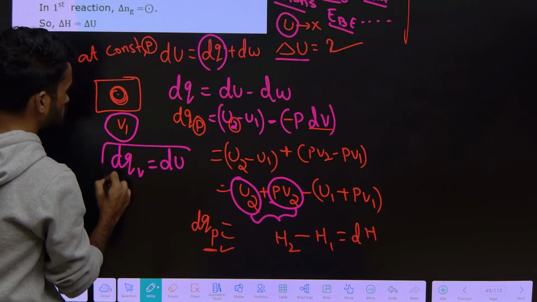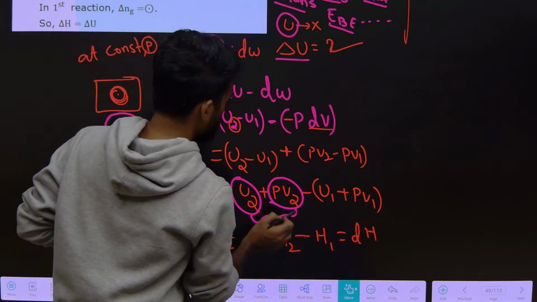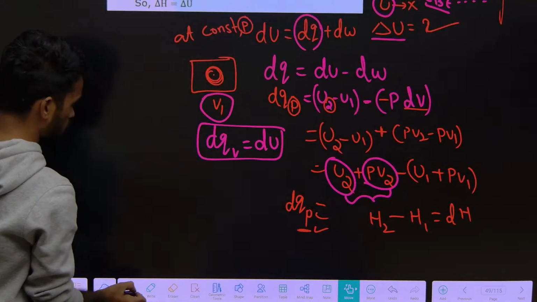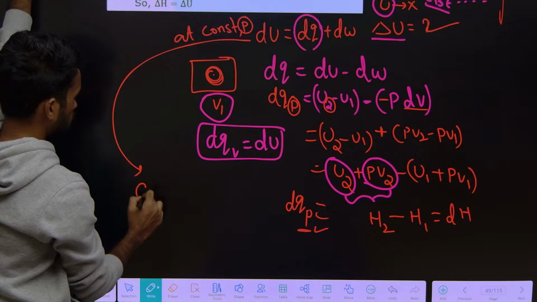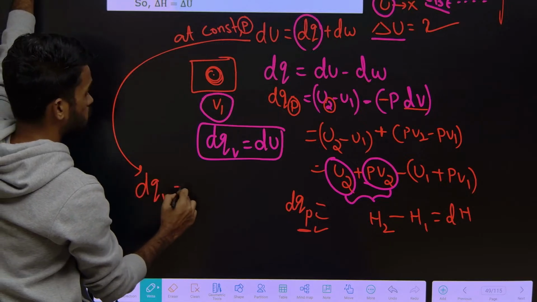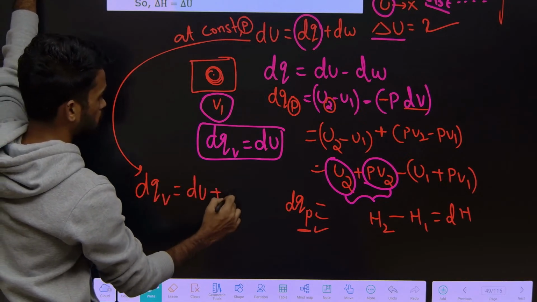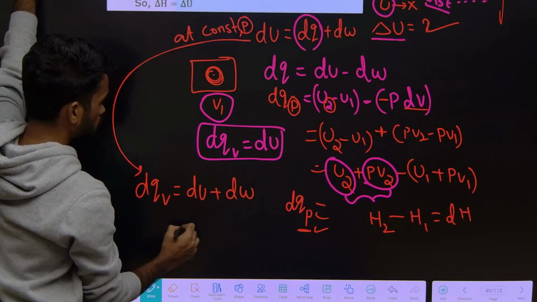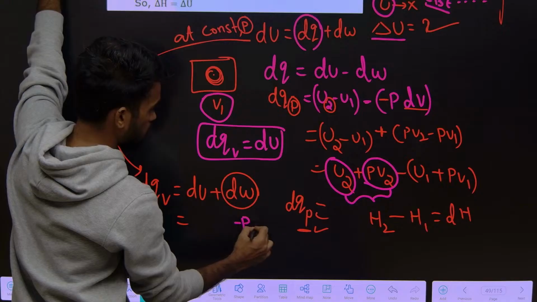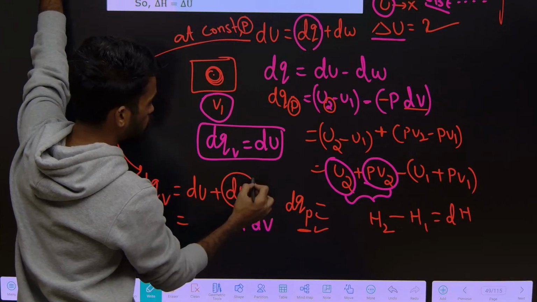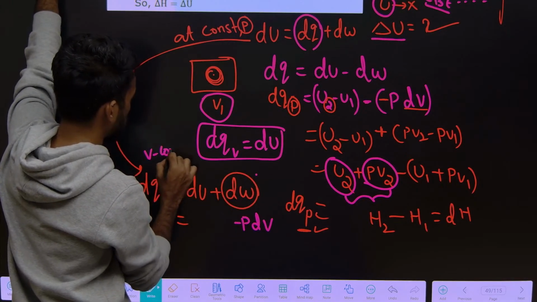Why are we saying this relation, from where did we get it? Again from the first law of thermodynamics. dQV I am saying is dU plus dW. Look at this dW, this is nothing but minus PdV. If volume is constant, what happens?